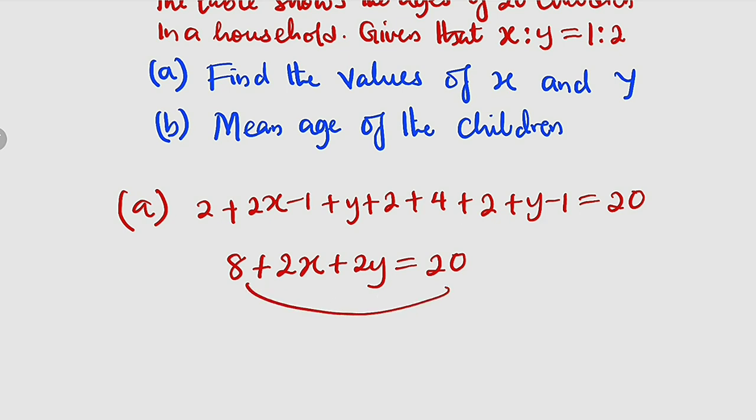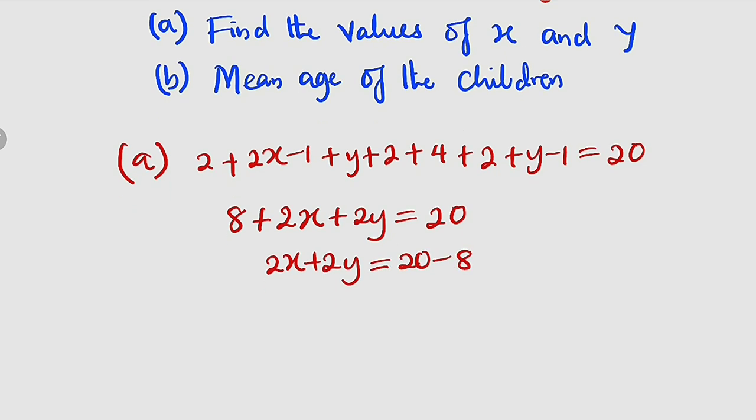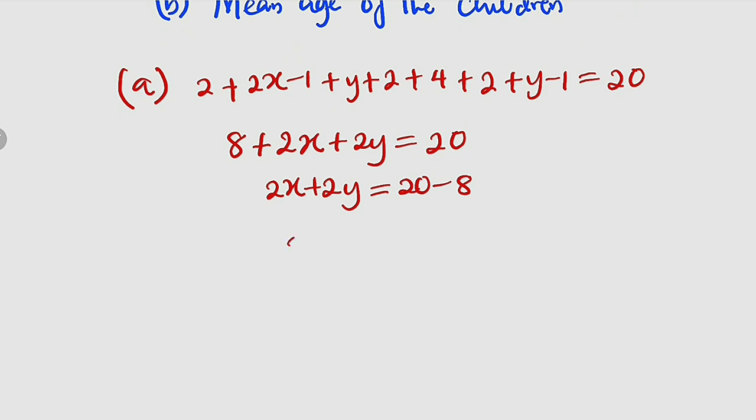We can take 8 to the other side. 2x plus 2y is equal to 20 minus 8, and 20 minus 8 is 12. So 2x plus 2y is equal to 12. We can divide every single term by 2. 2x divided by 2 will give us x. 2y divided by 2 is just y. And 12 divided by 2 is 6. Therefore, the sum of x and y is equal to 6.